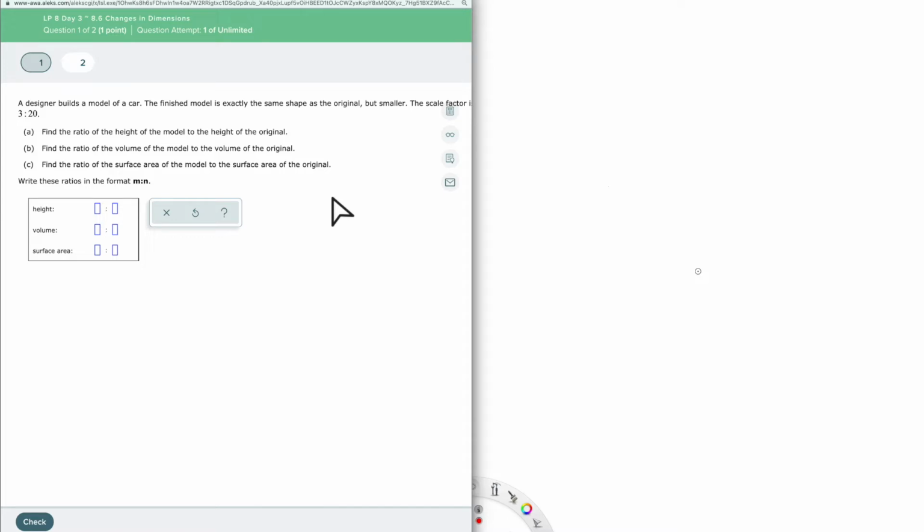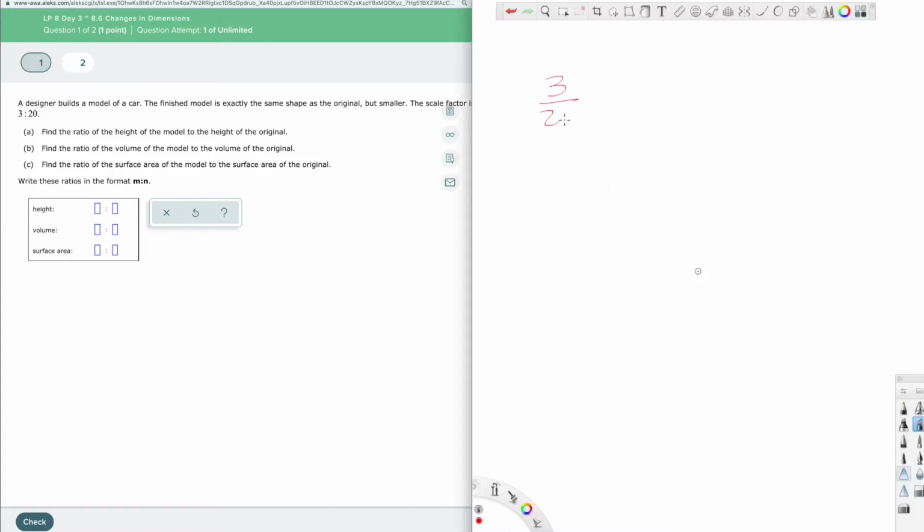So what this says is, if I have a scale factor, and this is the scale factor based on length, so this is just the basic scale factor of a length.